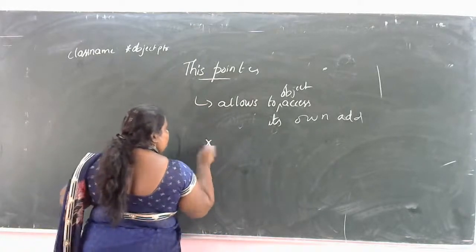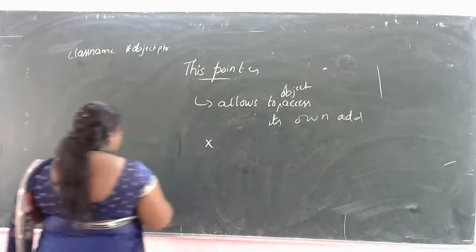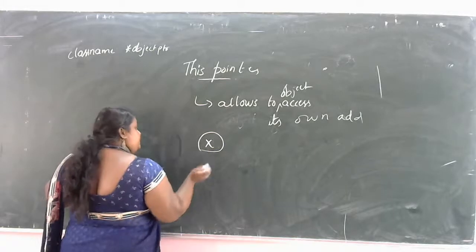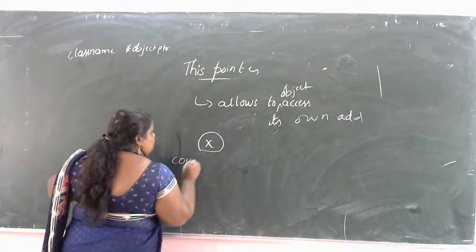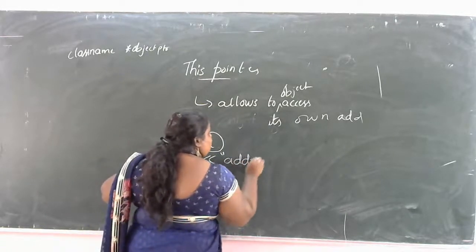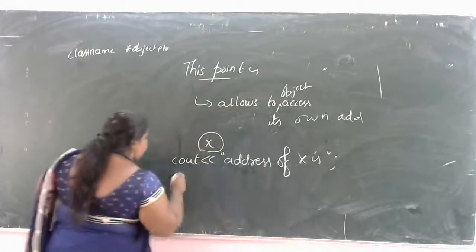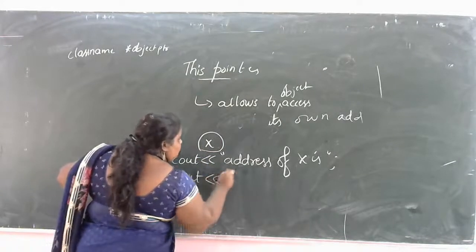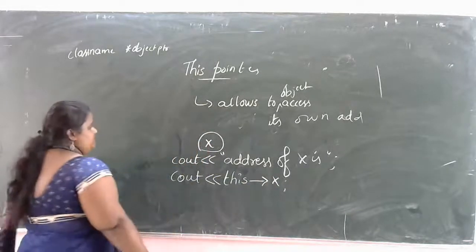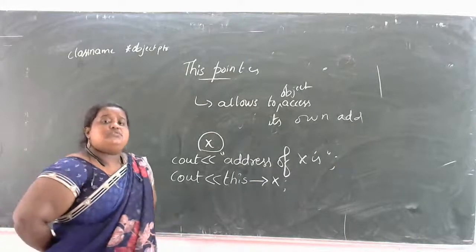For example, suppose we have a variable called x. Suppose I want to access the address of this variable, how do I write it? cout address of x is, cout this arrow x. What is the use of the this pointer?